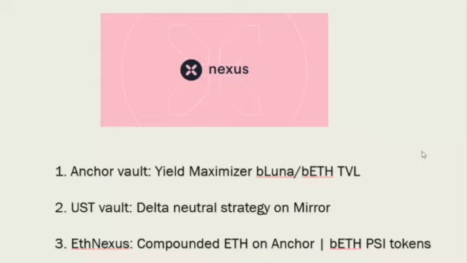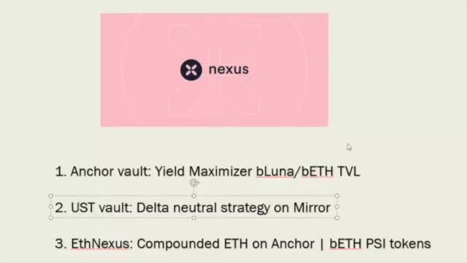If the Luna price starts crashing, then you have to either repay your loan or add more collateral. So you have to keep monitoring this. And if the Luna price goes up, then you have the opportunity to borrow more and put more into Anchor. And Nexus does all this automatically. So it maximizes your yield and also maintains your LTV ratio such that you don't get liquidated.